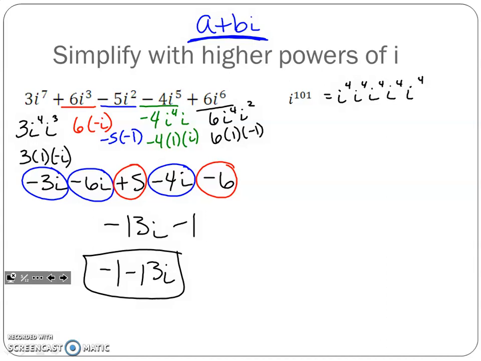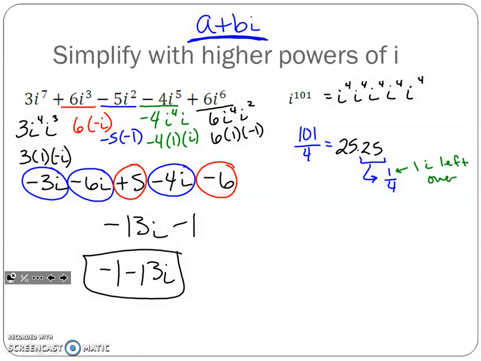Anytime you're dealing with a big power like this, you're going to take 101 divided by 4. And when I plug 101 divided by 4 into my calculator, it gives me 25.25. That 0.25 means 1/4, which means that there is 1 i left over.